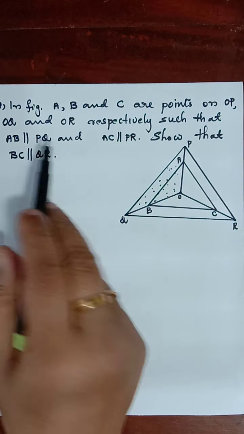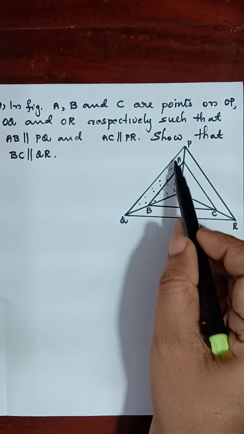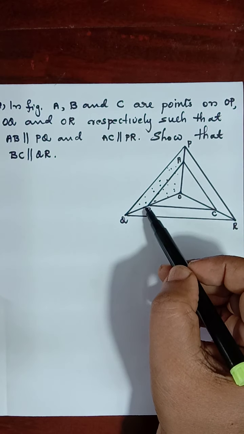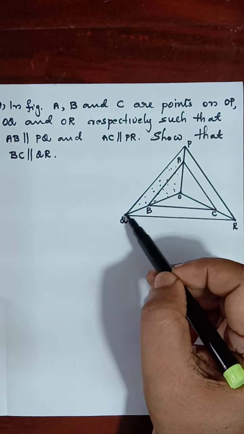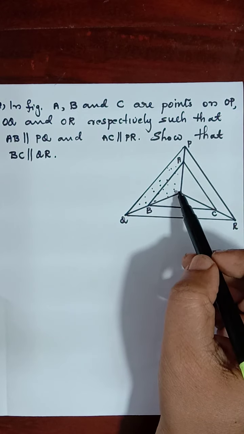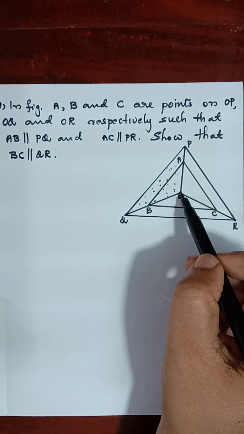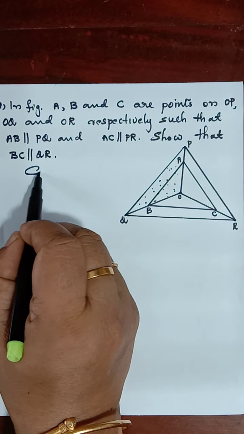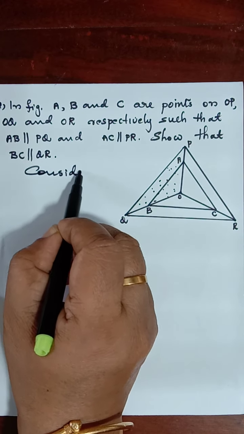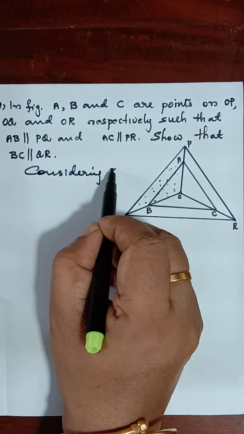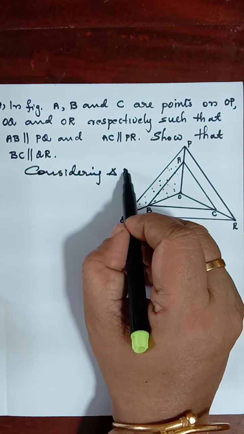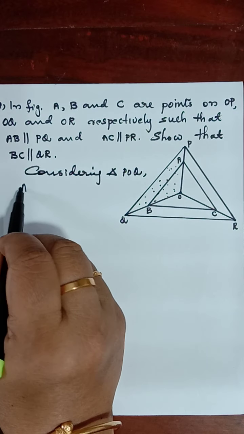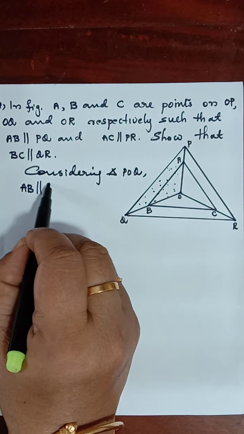What is given, we have to check in the figure, shade it and see the triangle. A and B are two distinct points on sides OP and OQ respectively of triangle POQ. Therefore, how to write it? Considering triangle POQ, AB is parallel to PQ.